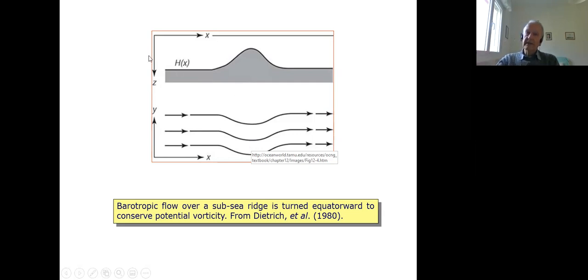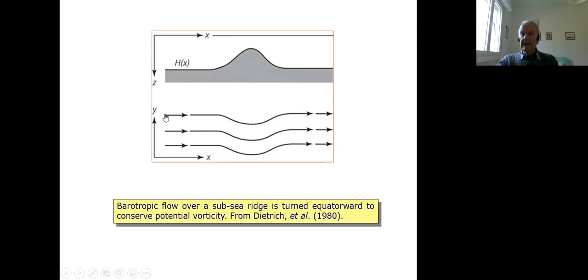So what is happening if the particle is starting from here, going this way? Suddenly it meets a part of the ocean which is shallower. So h becomes smaller, and in order to keep f over h constant, f has to become smaller.